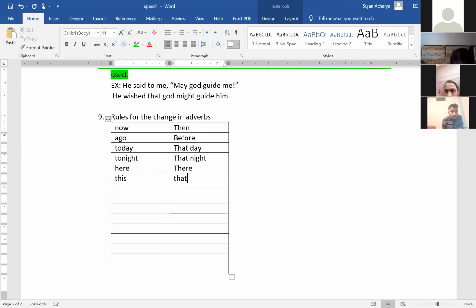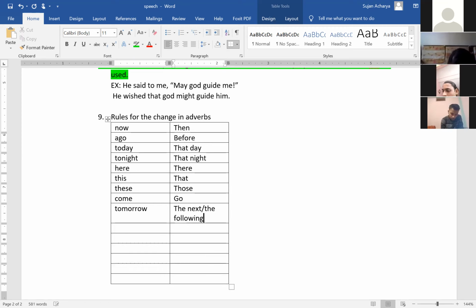This, that. These, those. Come, go: come here, go there. Tomorrow, the next day or the following day. Day should be there, okay? The next day or the following day.